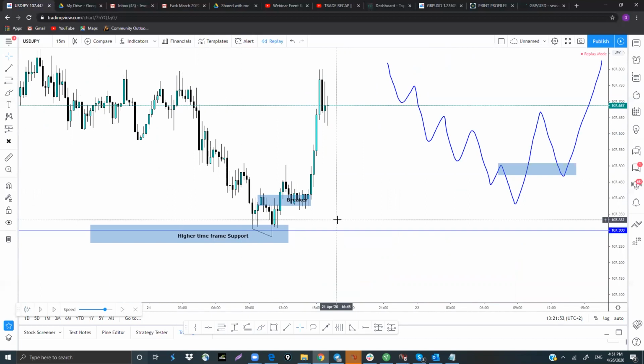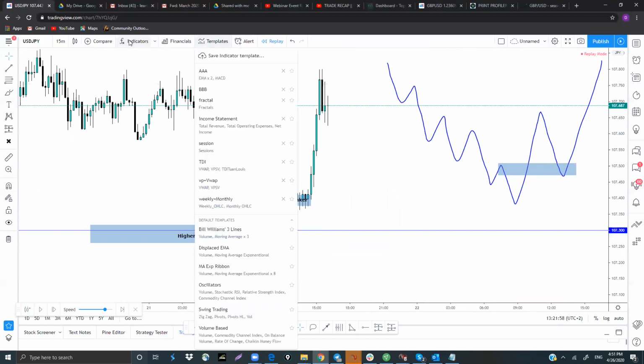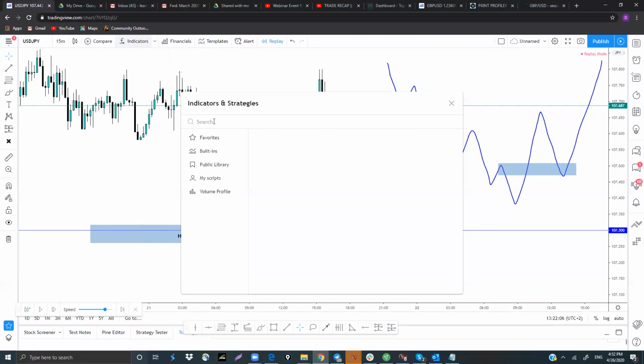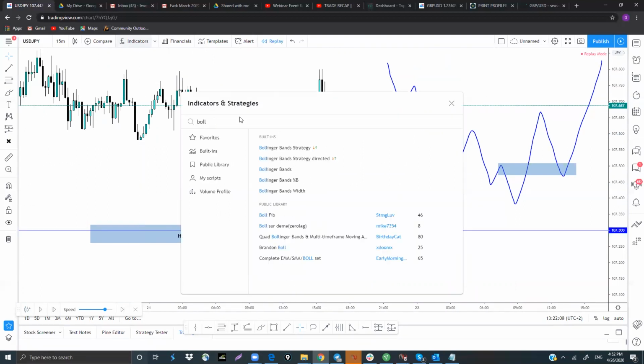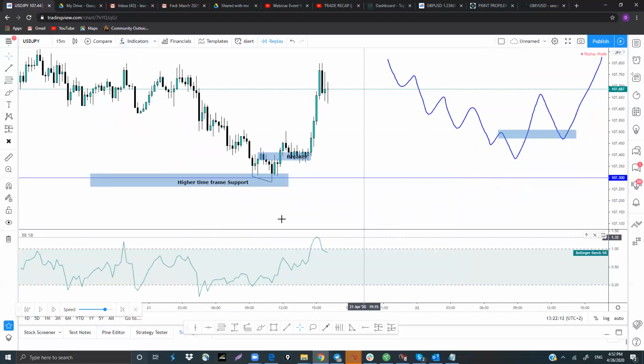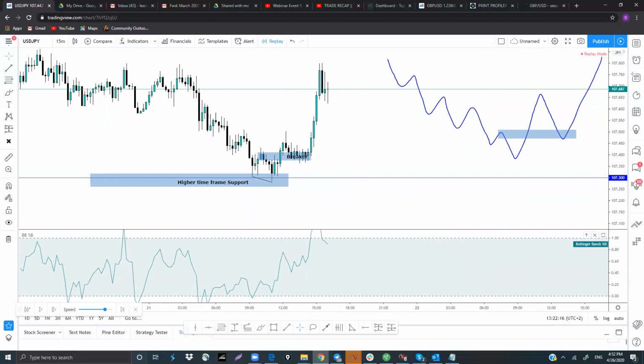You can add any indicator on top of this also to find divergence or whatever. For example, I can quickly add an indicator, maybe for more confirmation if you want. Say Bollinger Band, BB. I like this indicator. In this area you're seeing that we are getting a divergence also.